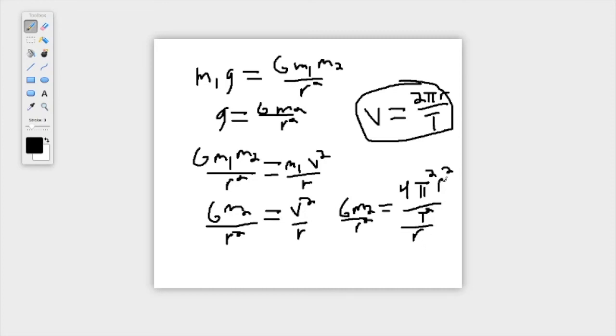We can cancel one of these r's out, so we get G m2 over r squared equals 4 pi squared r over T squared.